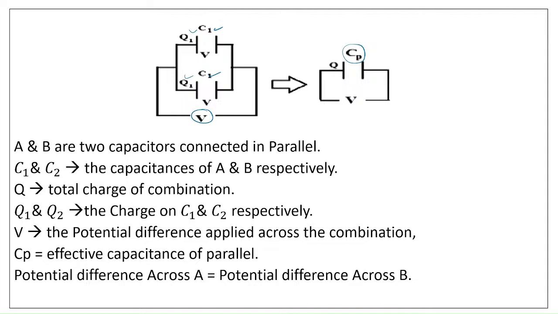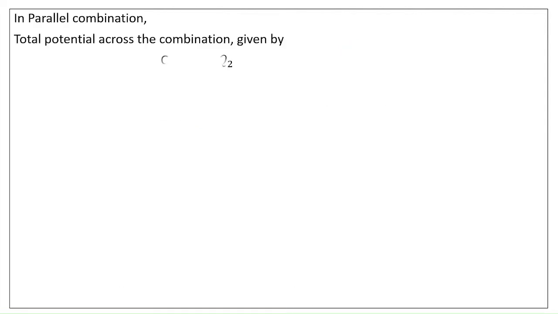Potential difference across A is equal to potential difference across B. Therefore, in a parallel combination, the total charge of the combination is given by Q is equal to Q1 plus Q2. Mark as equation 1.